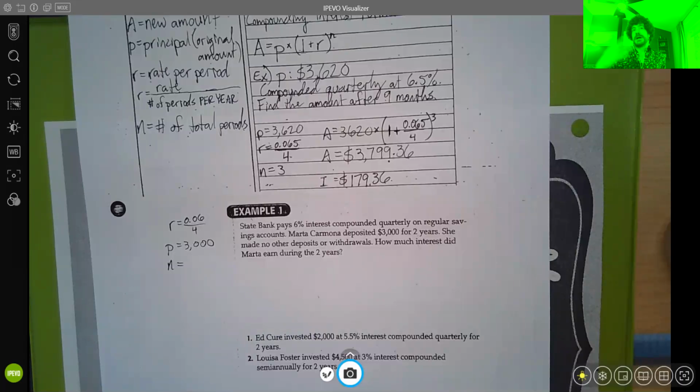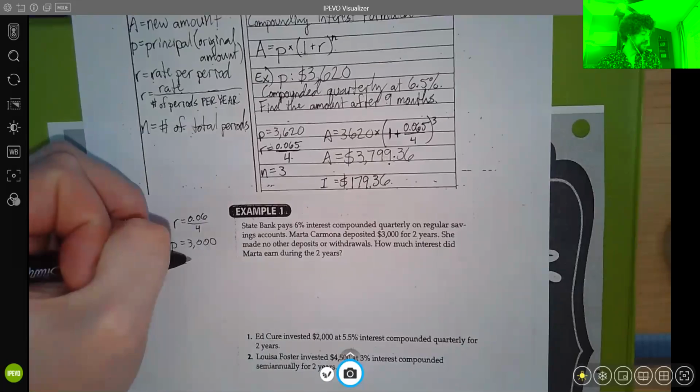Four times in the first year, another 4 times in the second year, for a total of how many times? It's 8. 8 times. So something compounds 4 times in 1 year, 4 times the second year, that's a total of 8. So the number n, our exponent in the formula, the number of total periods that it gets compounded over, is 8.